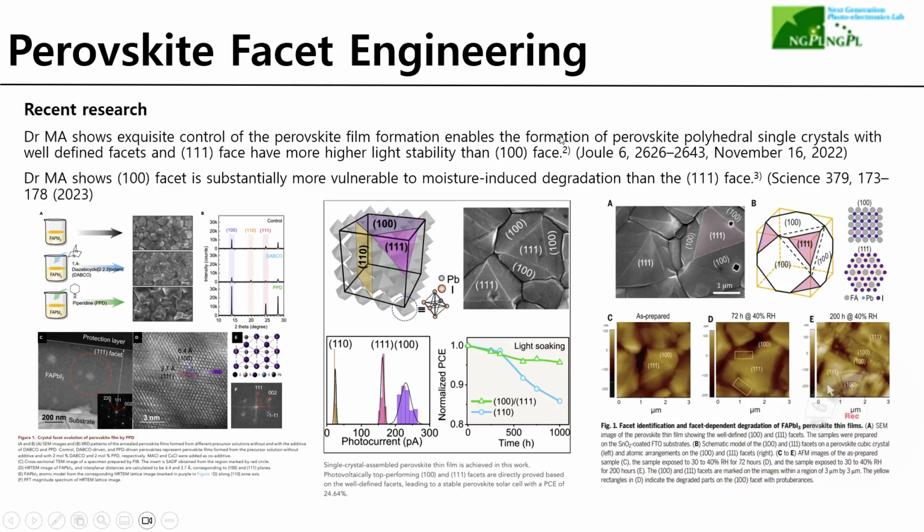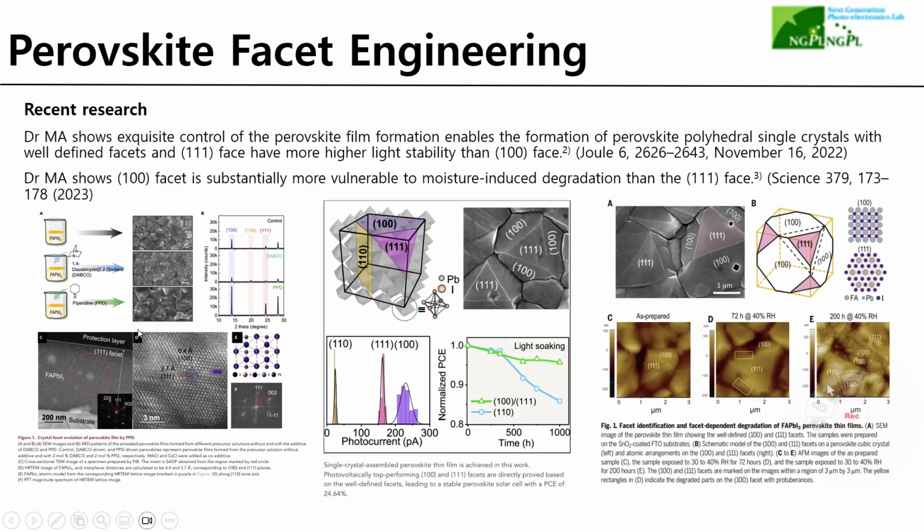They published this paper in June, and they use piperidine as an additive solution to induce the perovskite 111 facet, which controls the polarity of perovskite solution and makes the surface free energy easier to grow the perovskite 111 facet structure than the 100 facet structure.